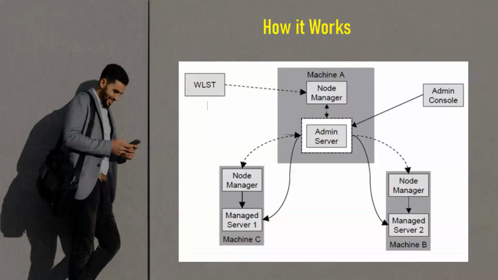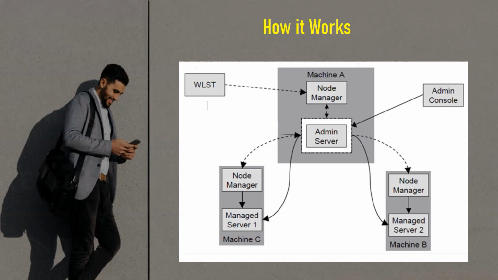How it works is very simple. In the figure you can see three machines, machine A, machine B, and machine C. You have two managed servers, 1 and 2, running on machines C and B, and you have the admin server on machine A. If you want to control the managed servers running on machines C and B from machine A, where your admin server is running, you can issue the command from the admin console, and your admin server will contact the Node Manager of that particular host, which will then start or stop the managed server.